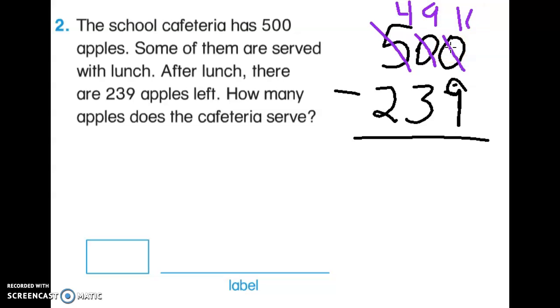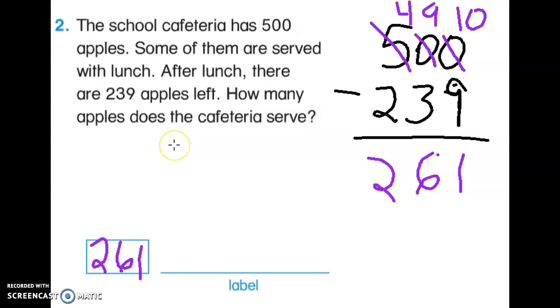This 0 becomes a 10. 10 minus 9 equals 1. 9 minus 3 equals 6. And then my hundreds. 4 minus 2 equals 2. So my answer is 261 what? Apples. Always double check.